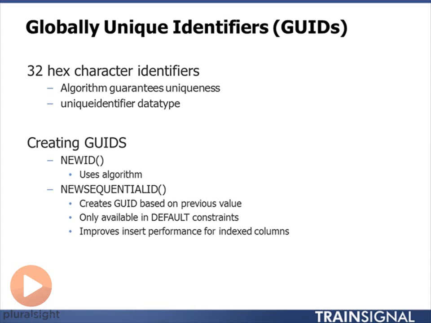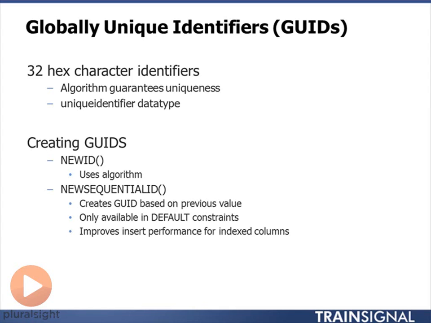Now, what NEWSEQUENTIALID will do is it will create a brand new GUID based off of the previously generated GUID. The NEWSEQUENTIALID function is only available inside of the default constraint because its goal is to create brand new GUIDs that are quasi-sequential with the original GUID that was created for the table.